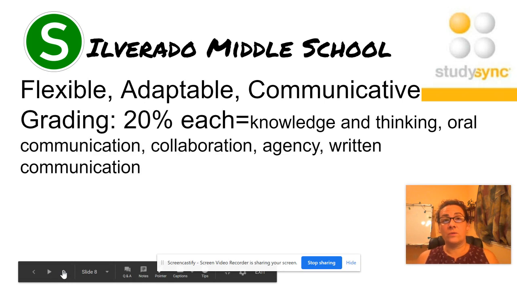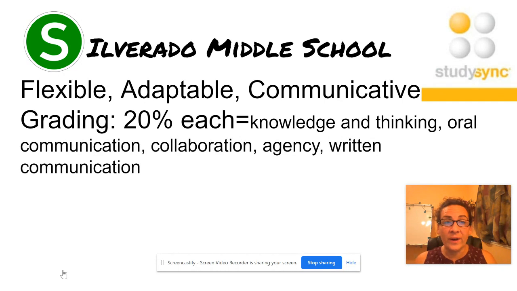And our class is all about being flexible and adaptable and communicative, because when you are working at home and teaching at home and learning at home, there's lots of different things that are happening, and that's okay. The most important thing for me is that I have a student that is fully engaged so that I can help them understand the new skills that we're practicing or get better at the skills they've practiced before so we can move them out of ELD 4.